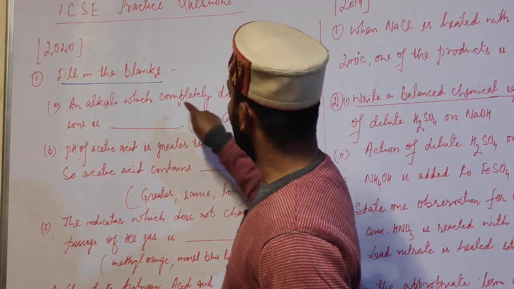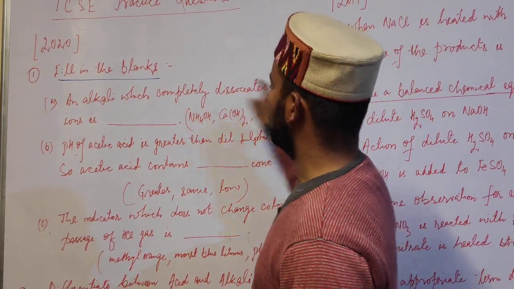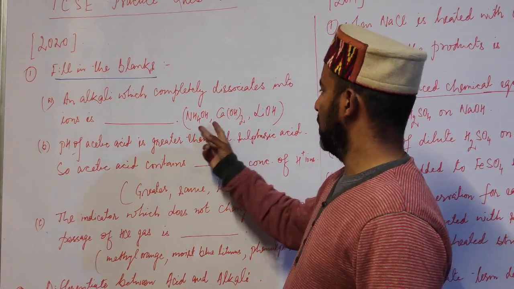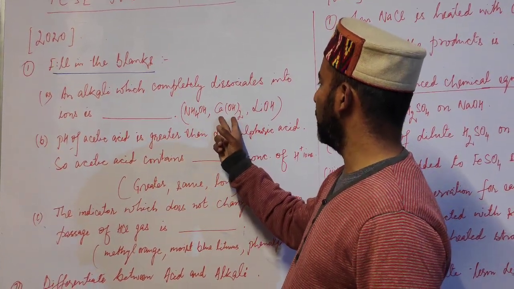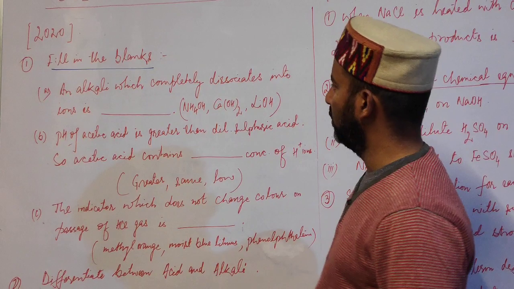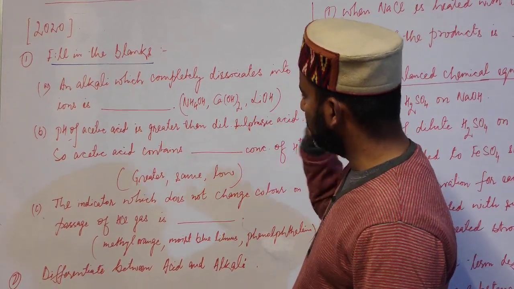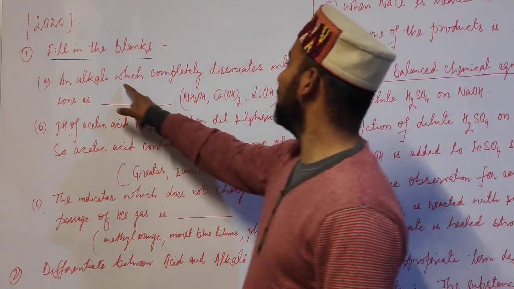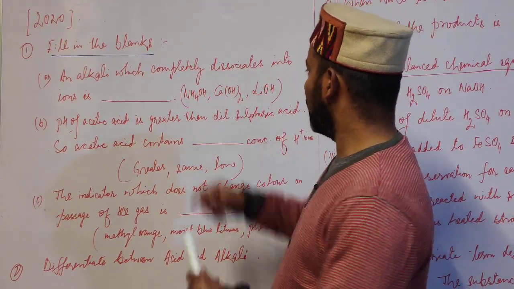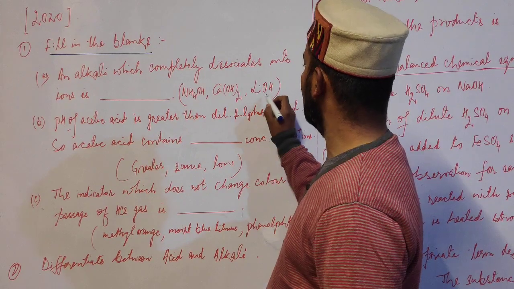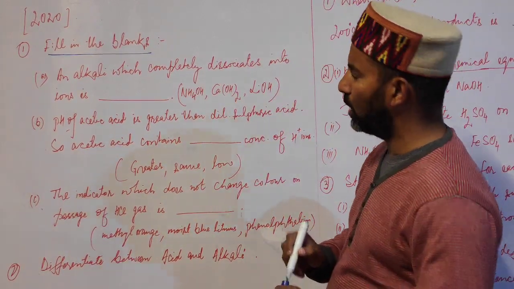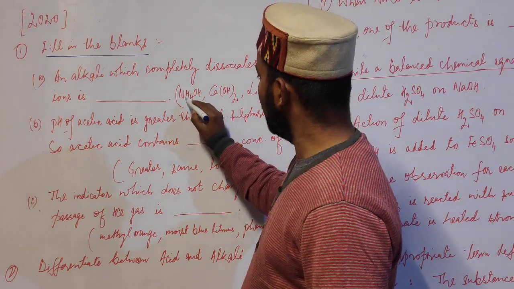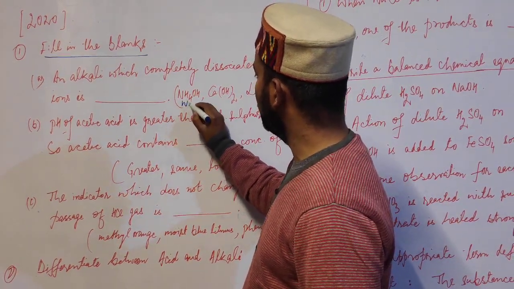An alkali which completely dissociates into ions is, and three alkalis were given: ammonium hydroxide, calcium hydroxide and lithium hydroxide. So students, you have to pick one out of these three options. Ammonium hydroxide, lithium hydroxide, calcium hydroxide, all are water soluble, so they all are alkalis, but ammonium hydroxide is a weak alkali.